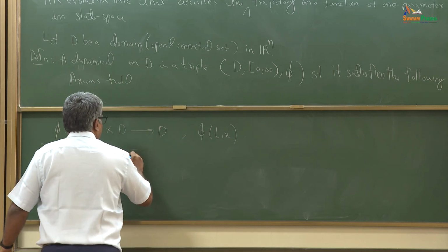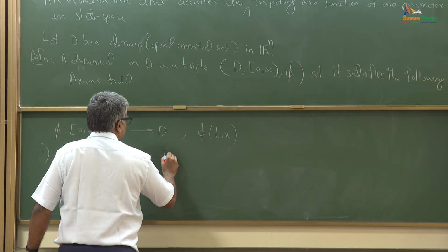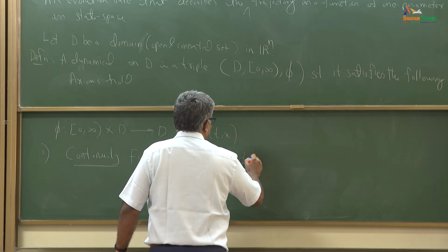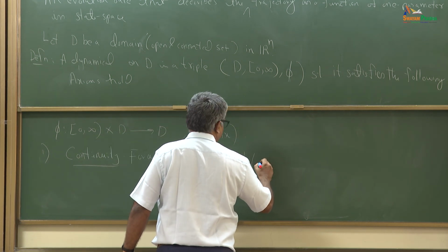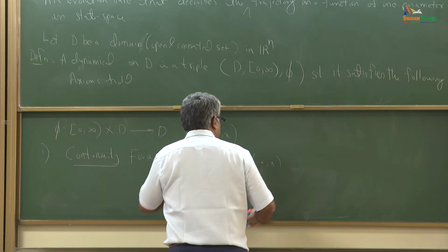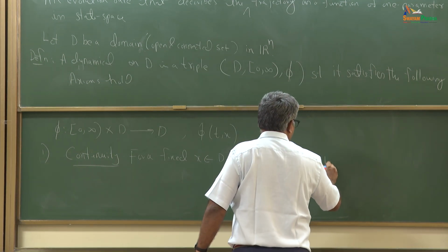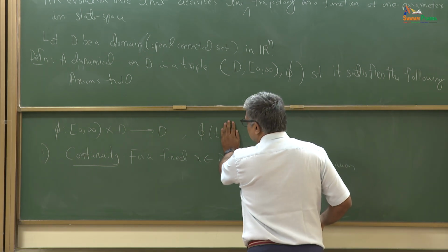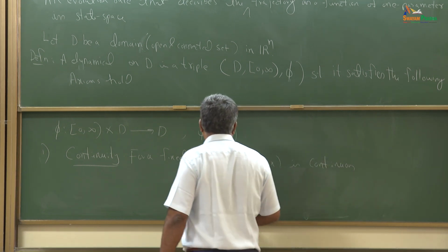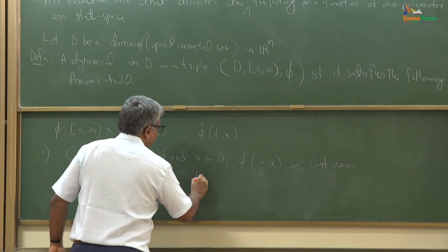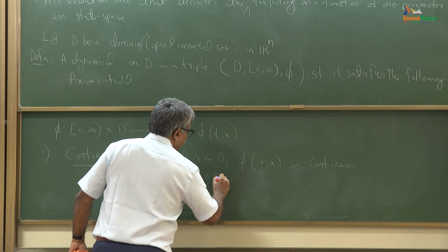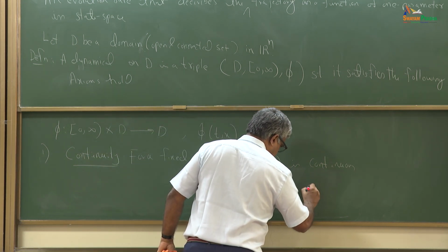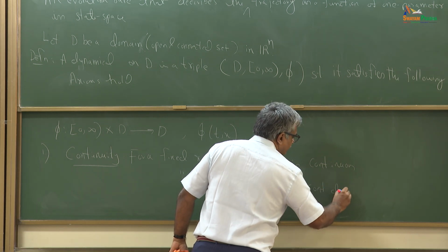So for a fixed x in D, this is continuous. That means if you fix the x, it is continuous as a function of time t, right? And for a fixed t in 0 infinity, phi of t x is continuously differentiable, right?